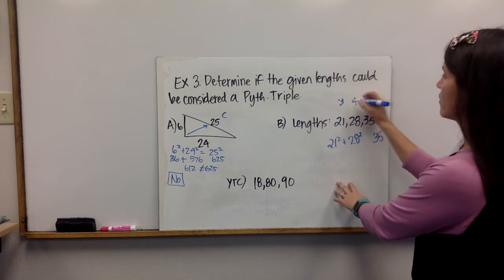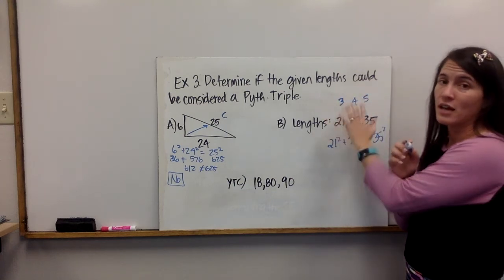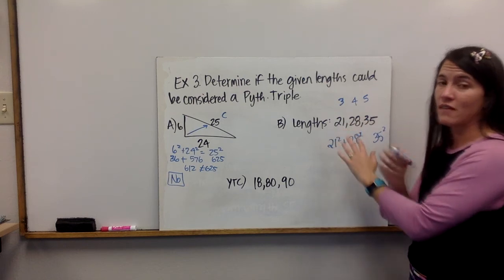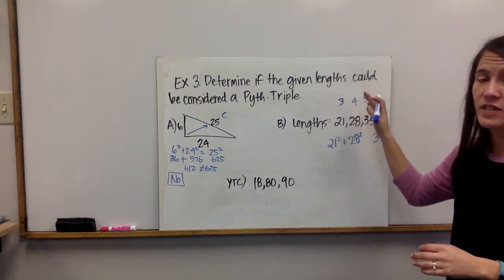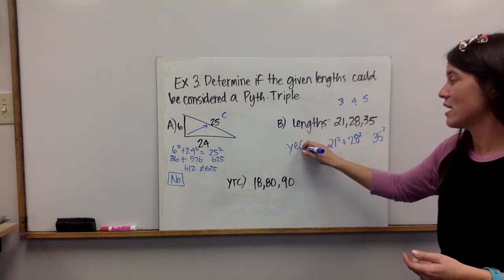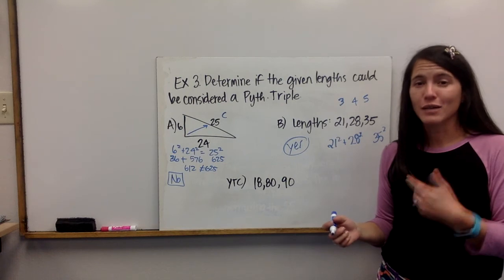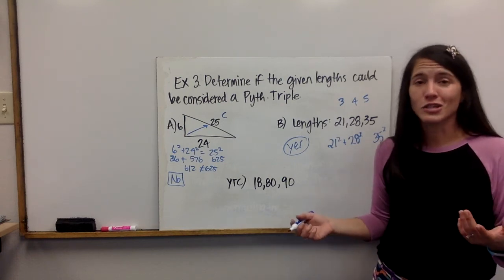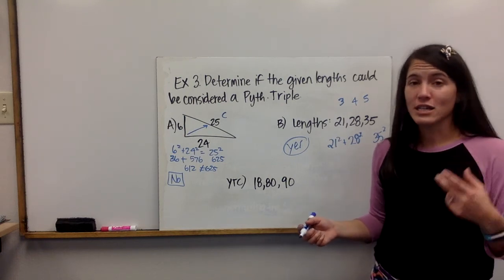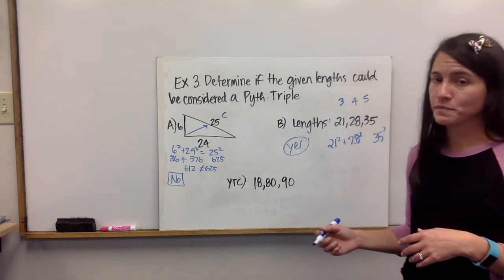Can you figure out what the scale factor used was? The factor multiplied was 7. 3 times 7, 4 times 7, 5 times 7. And if you can recognize that, then you know that the answer is yes. This is a Pythagorean triple. You can type it in your calculator and check, which I encourage you to do, but I know that it's 3 times 7, 4 times 7, and 5 times 7, which makes it a Pythagorean triple.